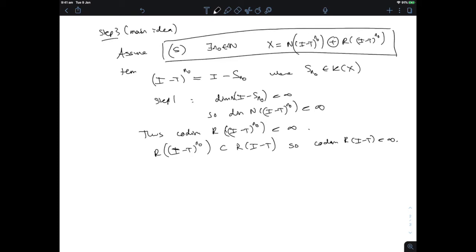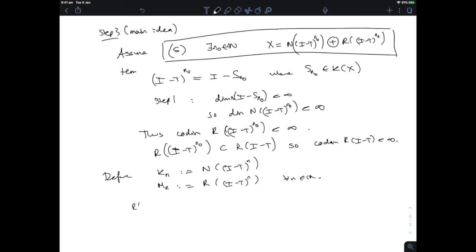Okay, so the way we're going to prove that is by proving first a stabilization of the null space and range of powers of I minus T. So let us define, say, K_n to be the null space of I minus T raised to the power n, and M_n to be the range of I minus T raised to the power n for all n.